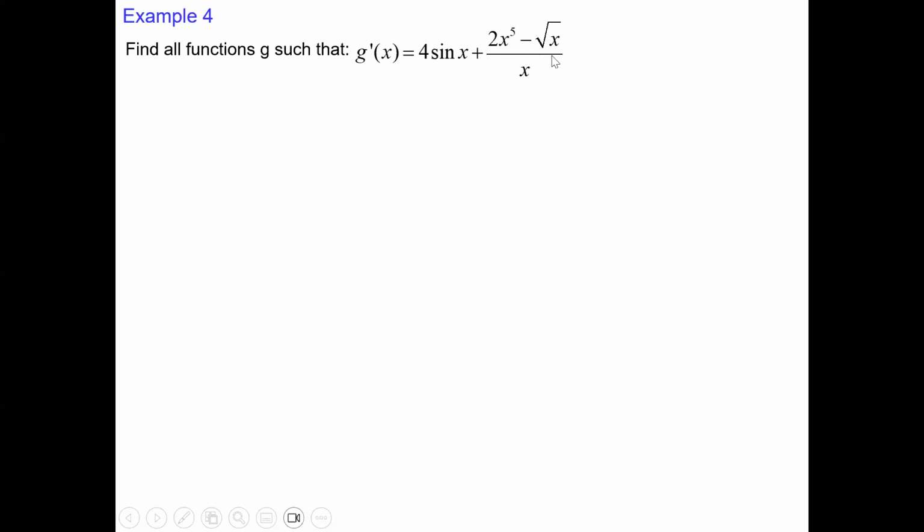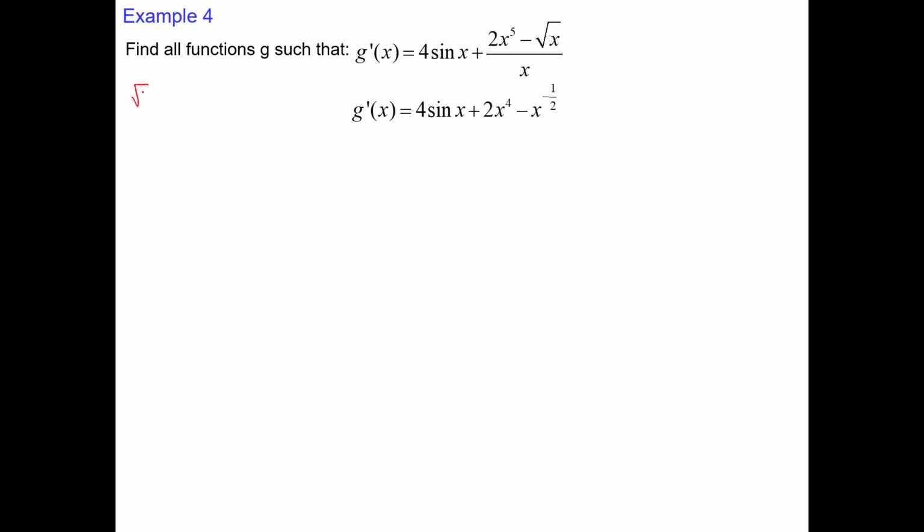We just have to be careful with this division, because we still don't know any rules to undo the quotient rule or the product rule. But in this situation, we may rewrite without the division. 2x to the power of 5 over x is 2x to the power of 4. Square root of x over x is x to the power of negative half. I hope this is okay.